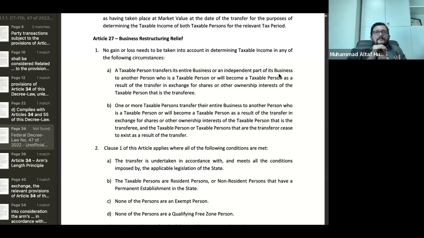One of the things people do is transfer the entire thing to another person and immediately file for liquidation. Wouldn't this result in tax avoidance, like a loophole? No, the law is giving them the benefit. There's no loophole. So think about it this way.